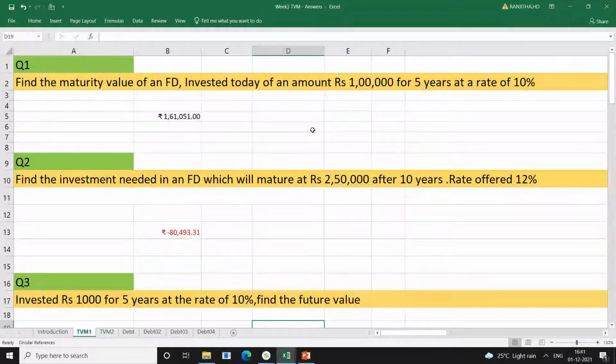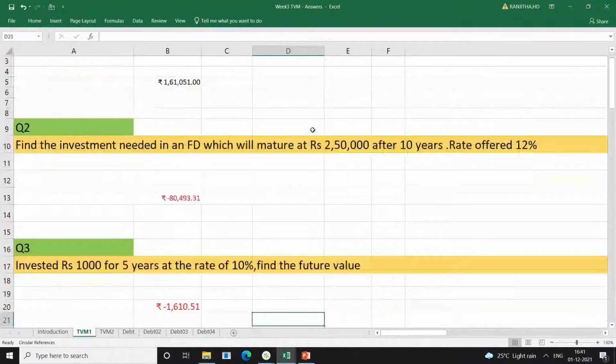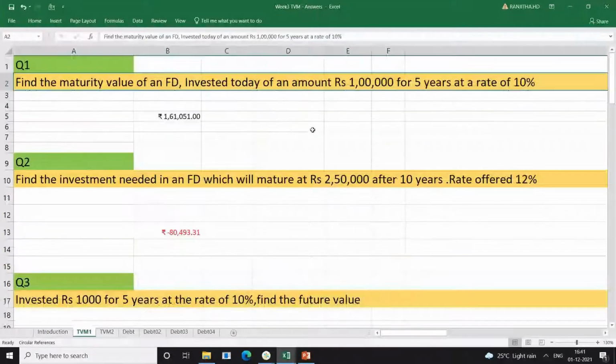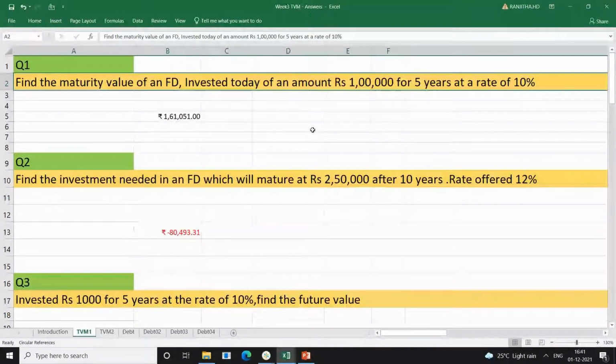If I want to get a maturity of 2,50,000 after 10 years, what I need to find is an investment. The investment, the amount I put today, is my present value. In the first question, they have already given the invested amount of 1 lakh for 5 years at 10%, and the maturity amount for 5 years is nothing but a future value.